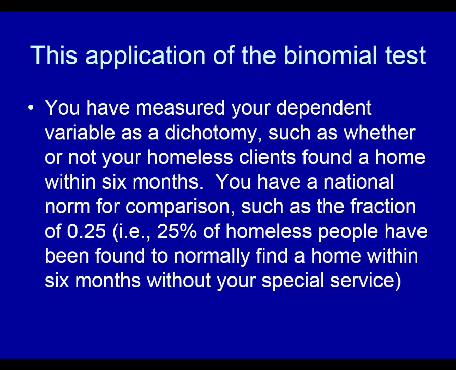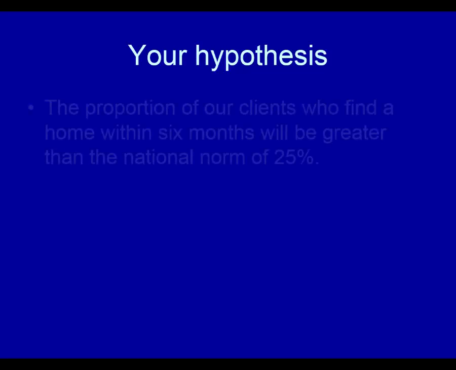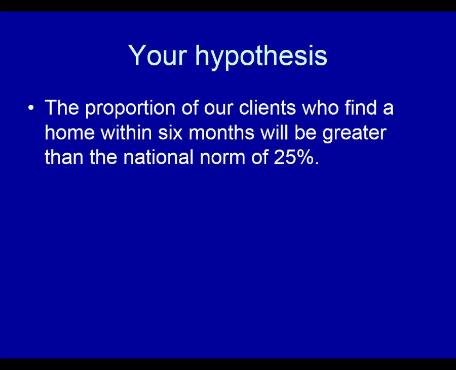So you want to know, what difference does your service make? Your hypothesis could be: the proportion of our clients who find a home within 6 months will be greater than the national norm of 25%.